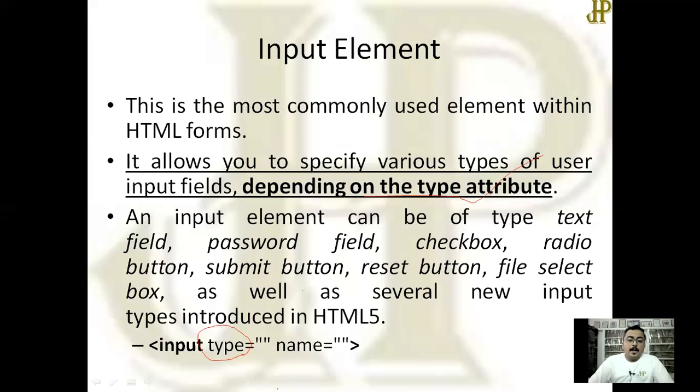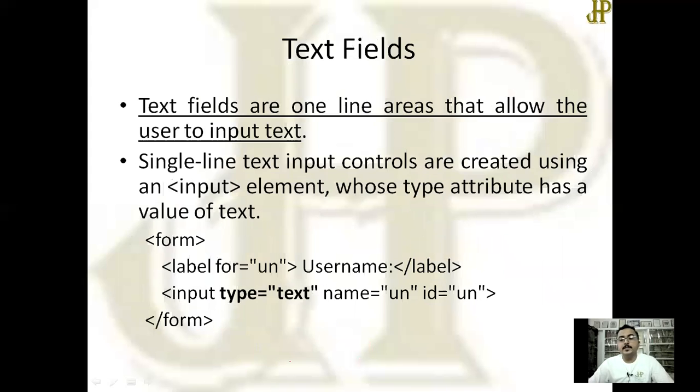So it allows you to specify various types of user input fields depending on the type attribute, and the name attribute is also to be given. Why? Because based on that name, the server can identify each and every value given by the user. Okay. So first one, text field. I already discussed it or gave you the example in the previous section.